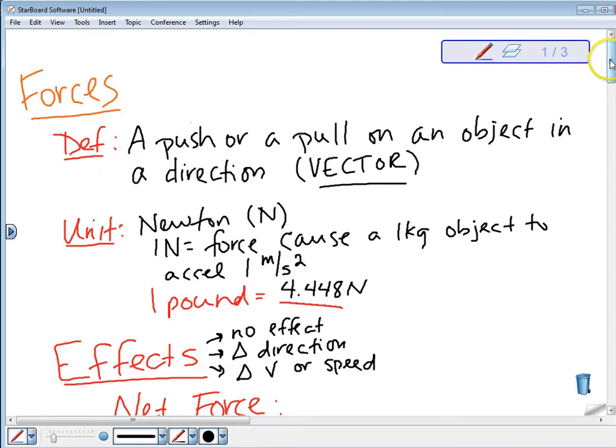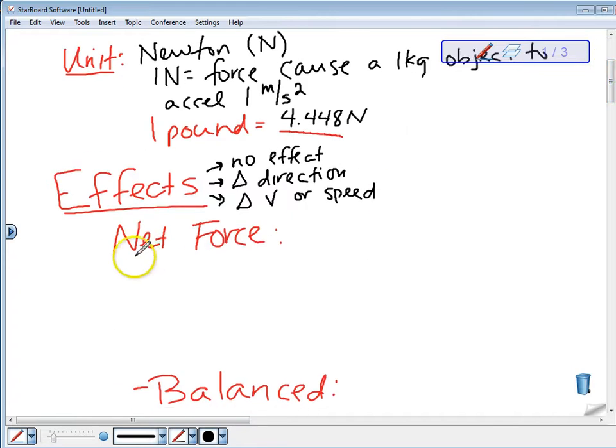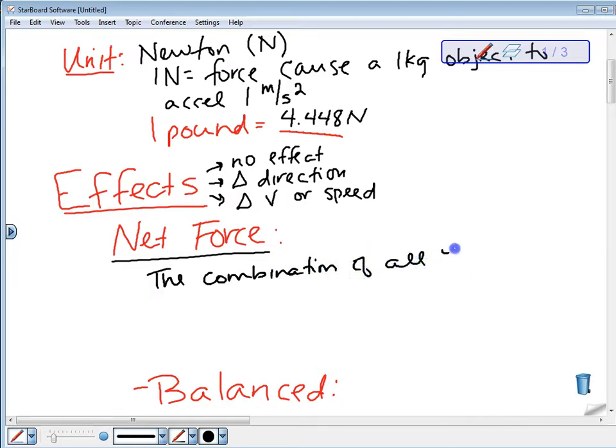To determine what the effects of the force is going to be, you need to look at the net force. You need to take into consideration all of the forces at play on that object. The net force is the combination of all forces on an object.